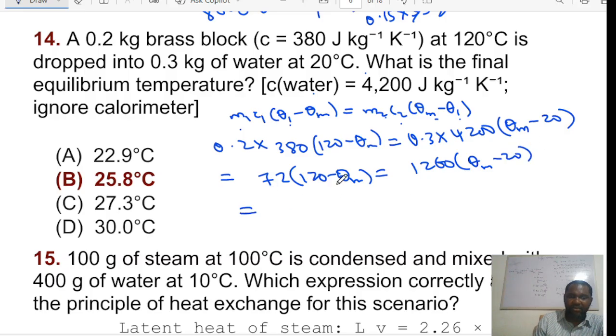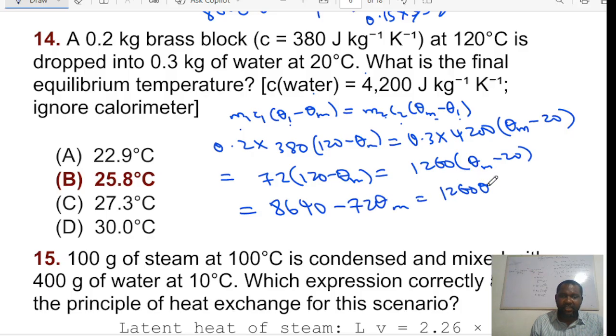I think this is going to give us 7200 plus 1440, okay, this is going to give us 8640, I guess. Then minus 72 theta m equal to 1260 theta m minus 20 times 1260, which is 25200.